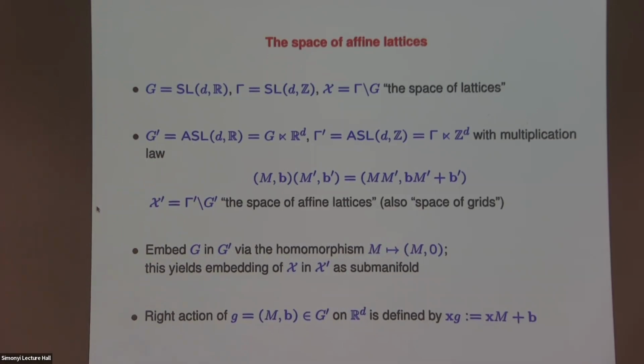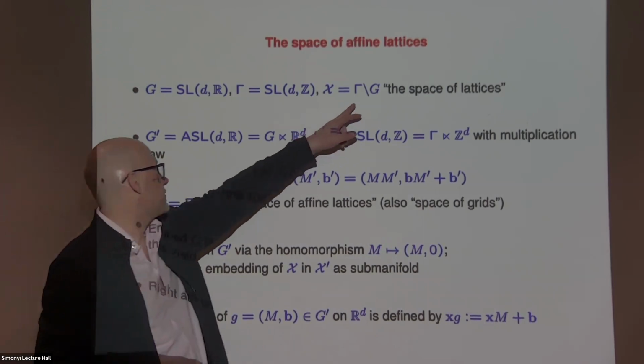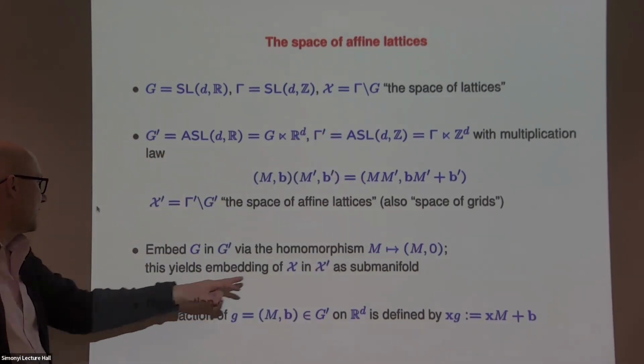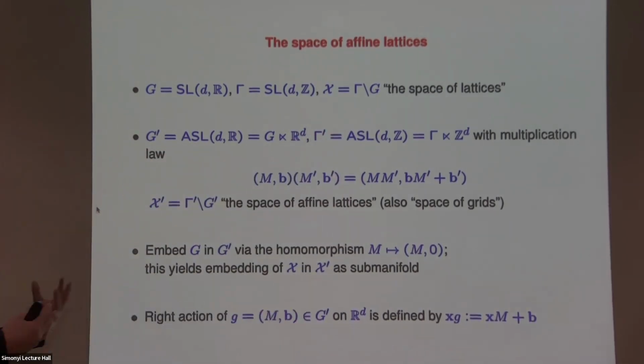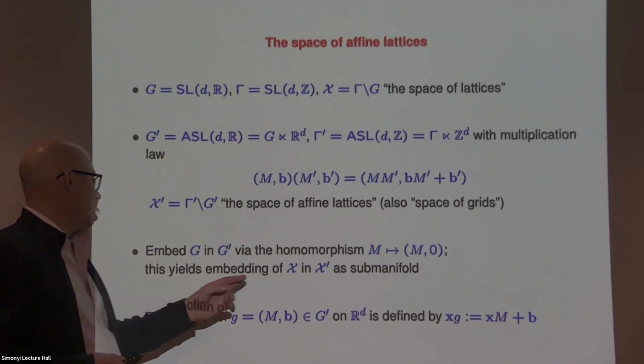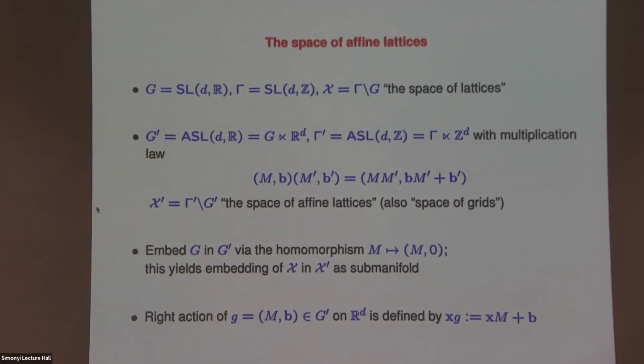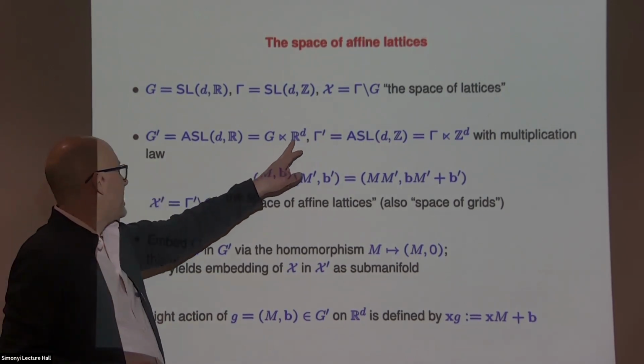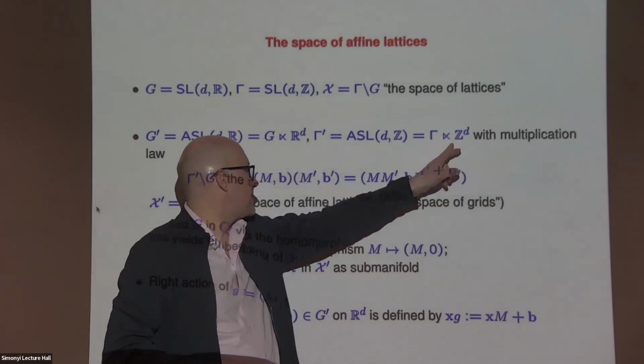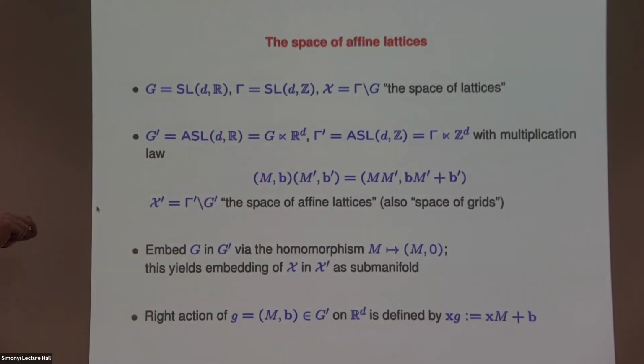You can embed G and G prime just simply by this natural homomorphism. And so you can think of now of X, which one usually calls the space of lattices, in X prime, the space of affine lattices as a submanifold. And you can think of X prime as a torus bundle over X, because here we have the translations modded out by Z^d, that's a torus.